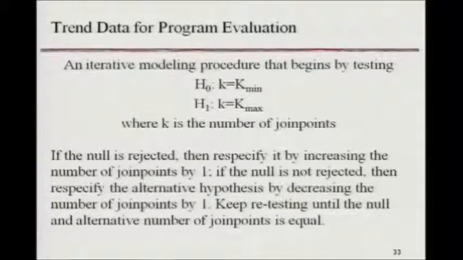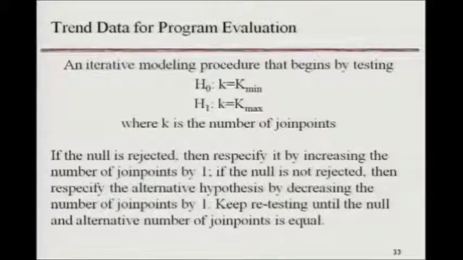Then it's an iterative process of testing that null hypothesis, and depending on the results of that initial test, if the null is rejected, meaning it looks like there may be an inflection point, you're going to start increasing the number of join points in the null hypothesis. And conversely, if the null is accepted, the program, not you, is going to start working down from the alternative hypothesis.